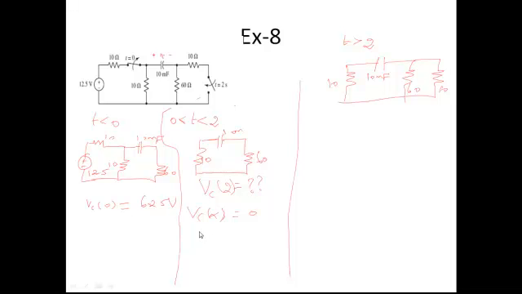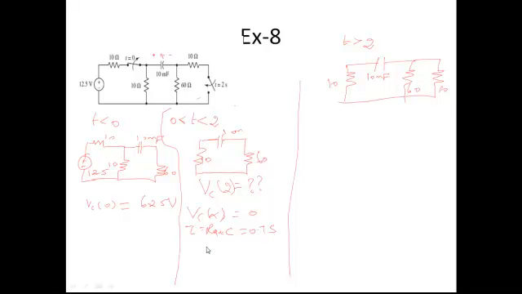You have to find out the answer for tau, which is equal to R equivalent into C. R equivalent, that is the equivalent resistance seen by this capacitance: 60 ohms and 10 ohms are in series with each other, so total is 70 ohms. 70 ohms with 10 millifarad, tau will give you 0.7 seconds.